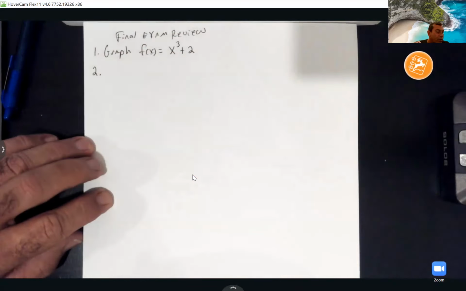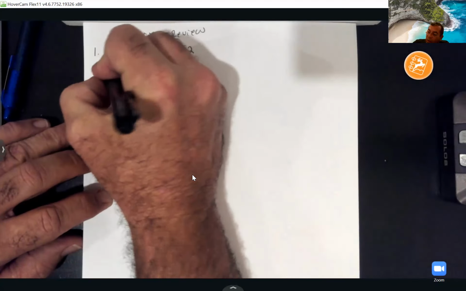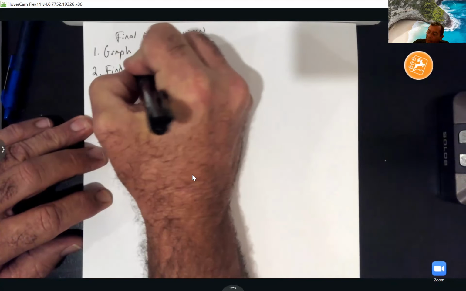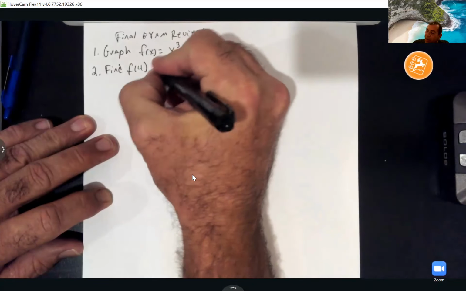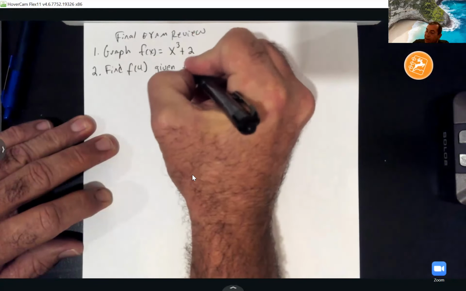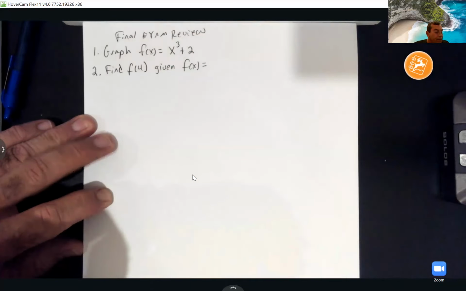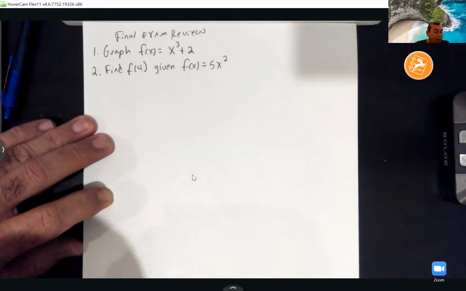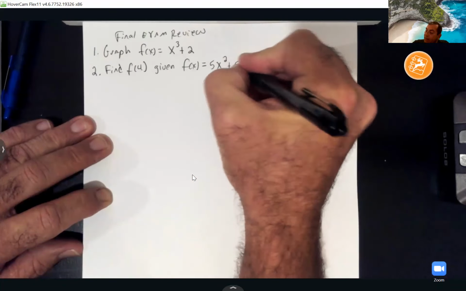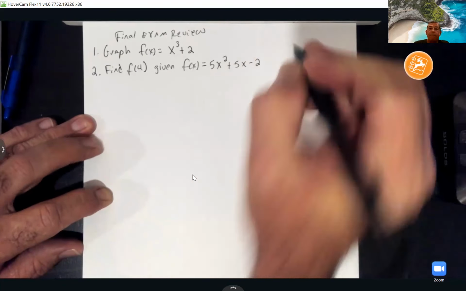Number 2, they want us to find f of 4. So, find f of 4 given f of x equals 5x squared plus 5x minus 2.